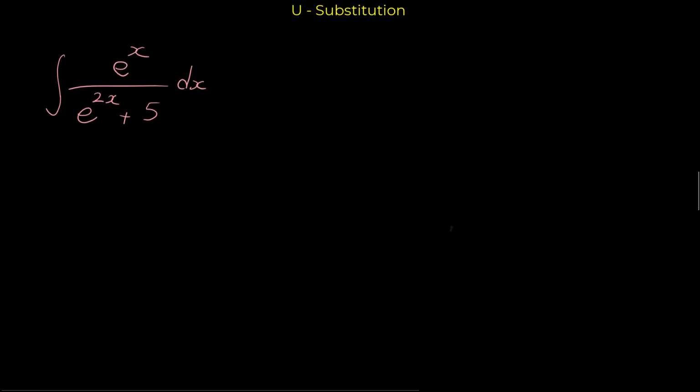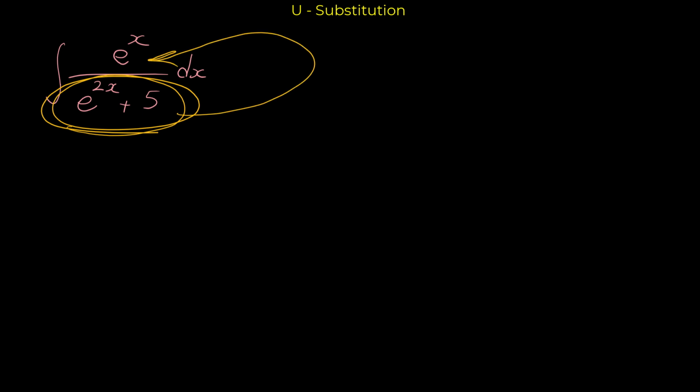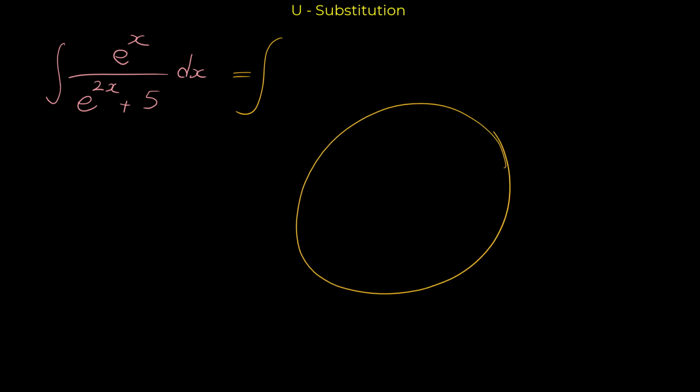Now look at this example. What is the integral of e to the x over e to the 2x plus 5? Similar to the previous questions, if we choose this as u, the derivative of this is not in the numerator, so we have to think differently. This seems a little similar to the formula that we have in our head: du over u² plus a², or a² plus u², the order doesn't matter.